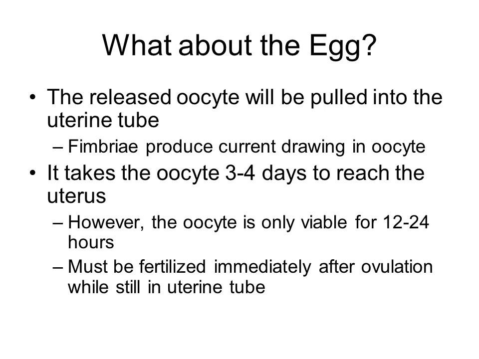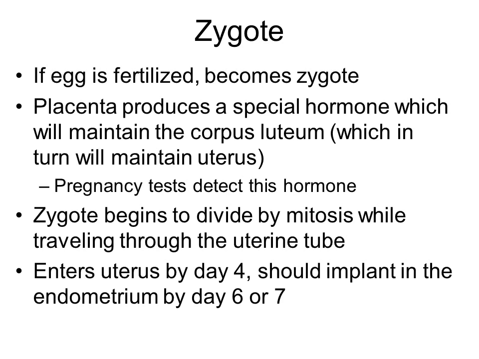Now, the oocyte is only going to be viable for 12 to 24 hours. So stop and think about that for a second. If it's going to take 3 to 4 days to reach the uterus, but it's only alive for 12 to 24 hours, that means fertilization has to occur while it's still in the uterine tube. And that's exactly what's going to happen.